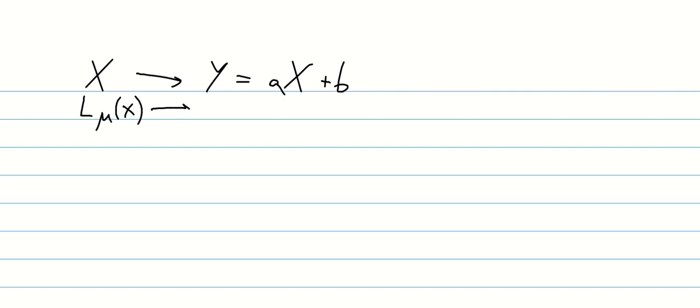Now, we saw before what happens when we take a random variable x and transform it to y, which is ax plus b. We saw that the Laplace transform of x is also transformed into the Laplace transform of y. Sorry, here should be theta.